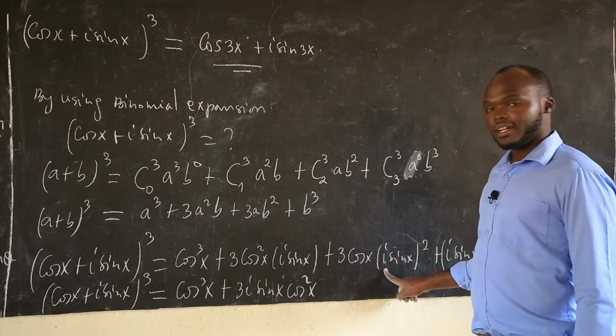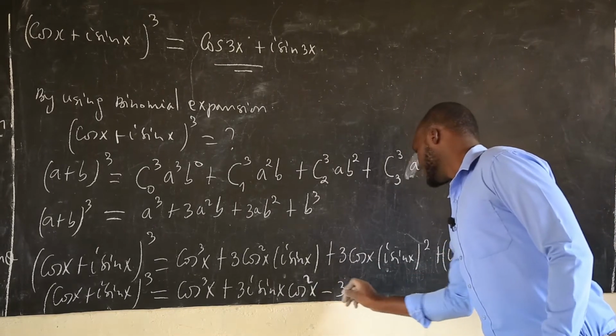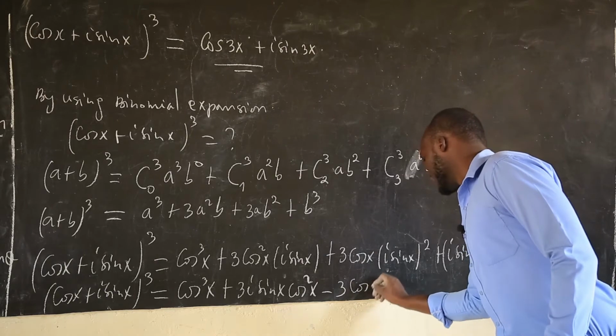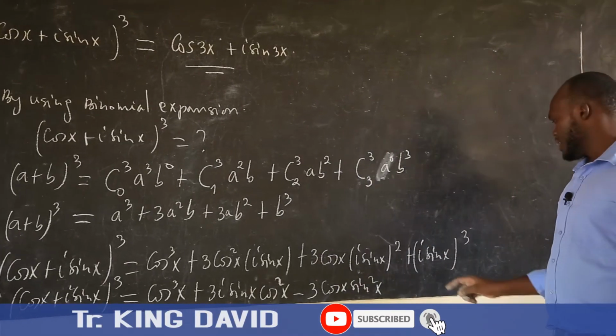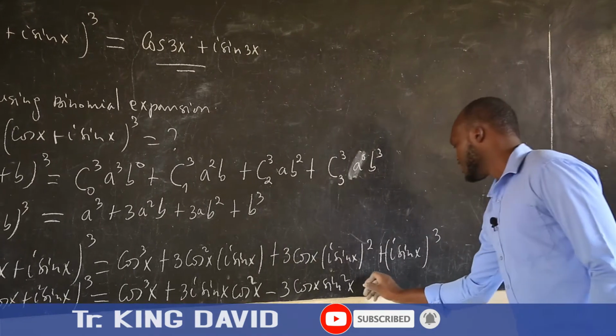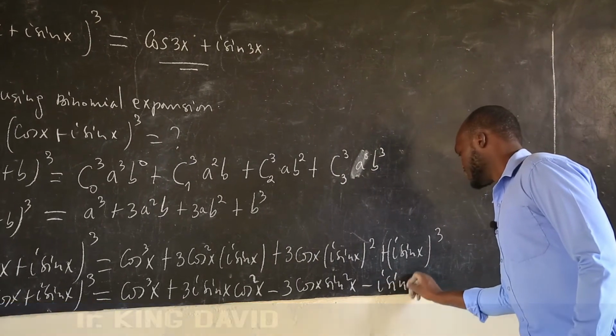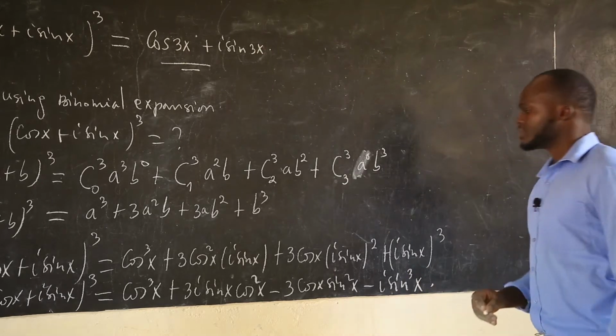I squared is negative, so minus 3 cos x sin squared x. I power 3 is negative I, so minus I sin power 3 x.